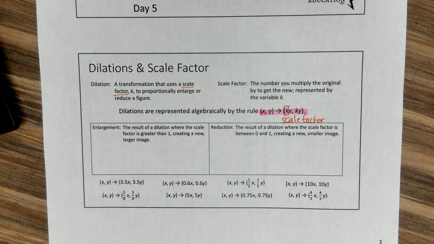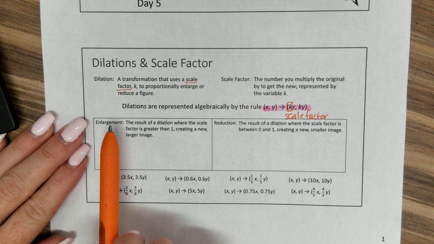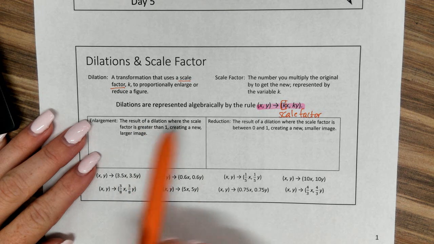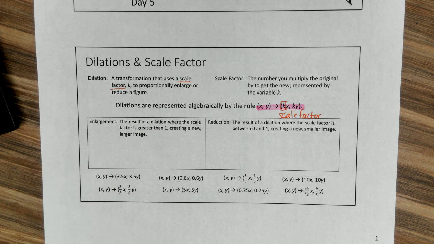If they ask you for the scale factor, you have to do new over old to get it. Does everybody understand? So that's two different ways they can use scale factor. They can ask you for it, new over old, or they can give it to you and you multiply with it. Okay?